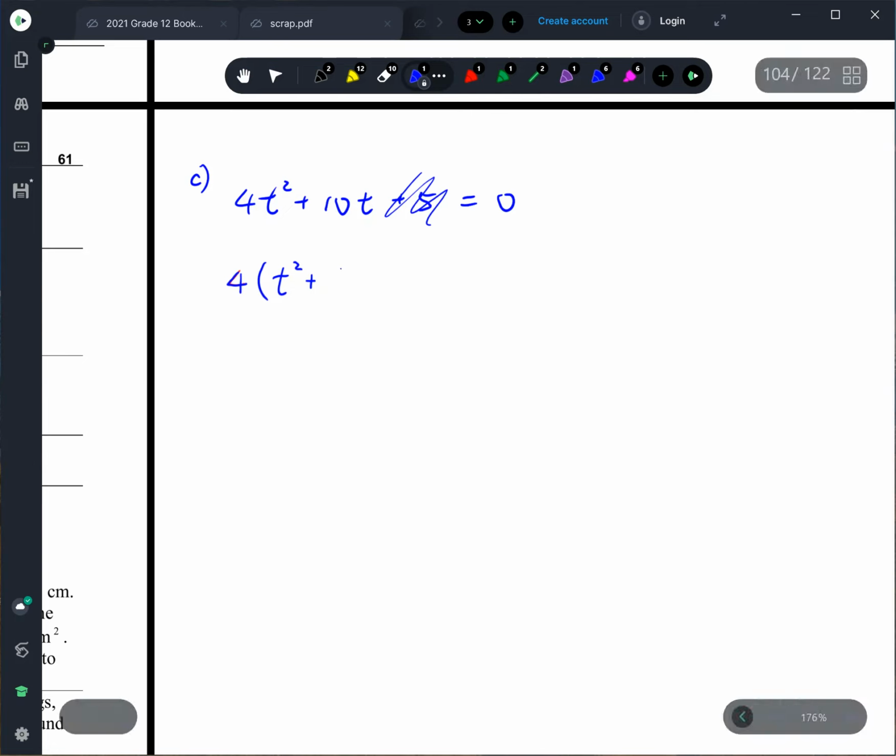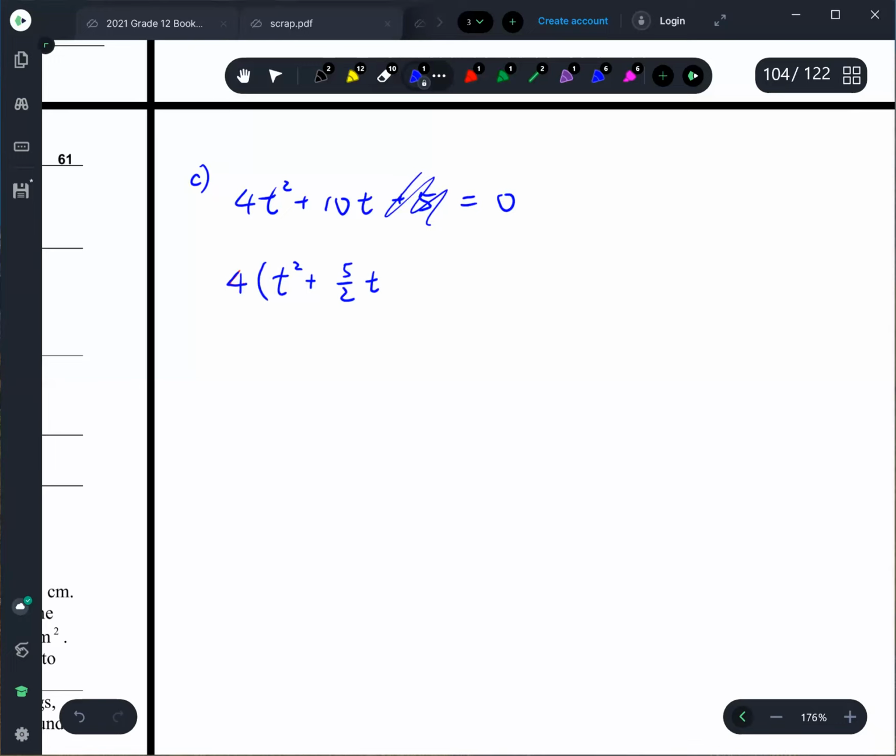It's 10 over 4t. Now 10 over 4 can be reduced, right? Can you reduce that, Tony? If I reduce it, it will be 5 over 2. Yeah, okay, so we write it down as 5 over 2 instead.